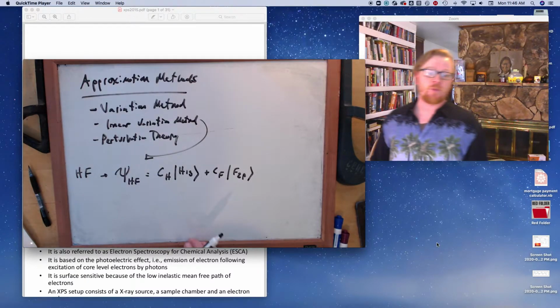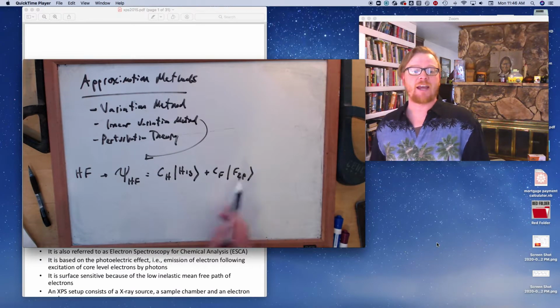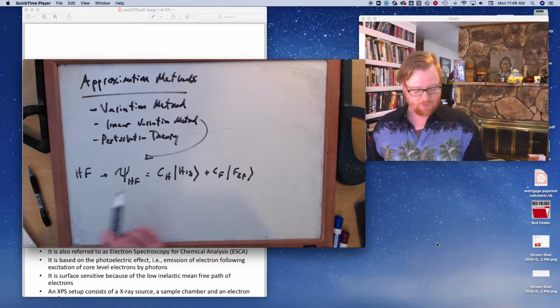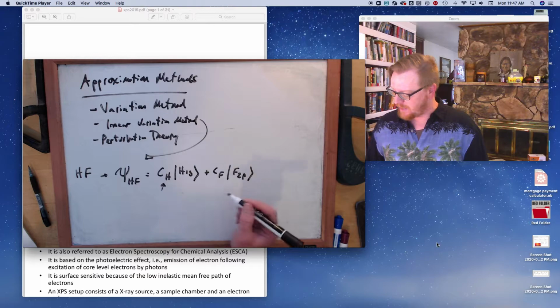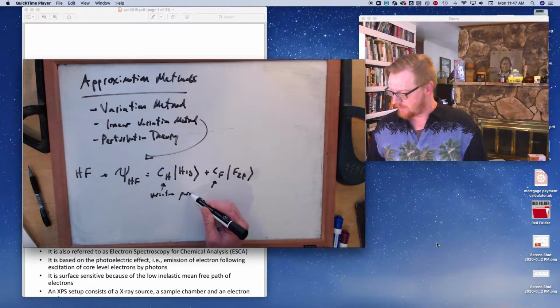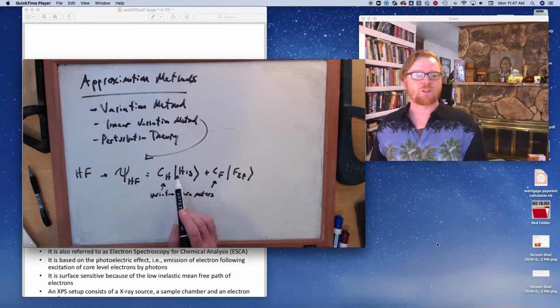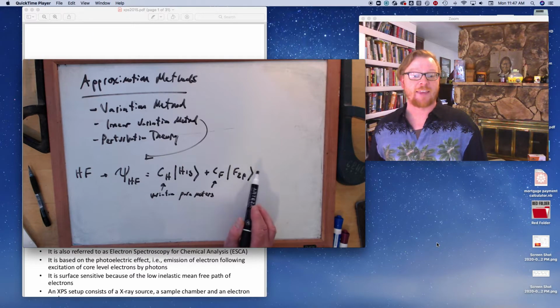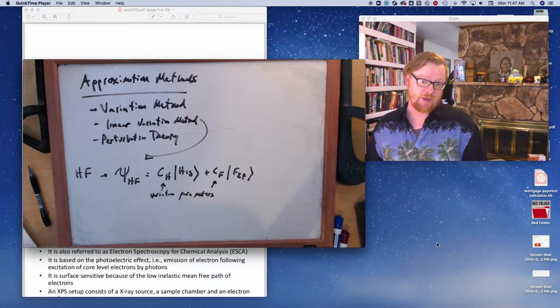If you recall from our video last time, if I mix an H1S and an F2P, that's going to make a sigma bond. And these terms right here are my variation parameters. You should hopefully recognize the H1S and F2P in the ket. Those are the wave functions of H1S and F2P.